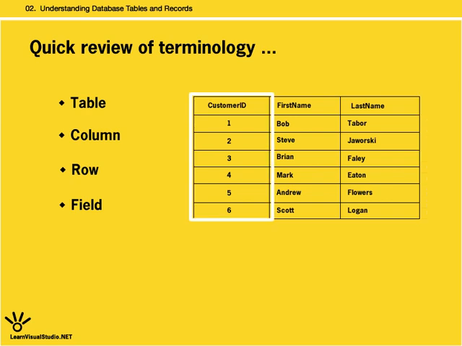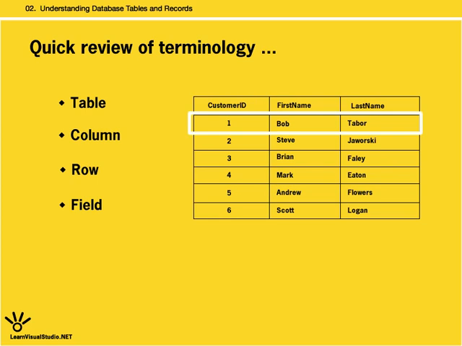You define columns to hold certain bits of information. Each row of data is an instance of all the collection of columns that are defined within a table. And finally, a field of information is the intersection of a row and a column, or in other words, just one piece of information that comprises a complete row of data.